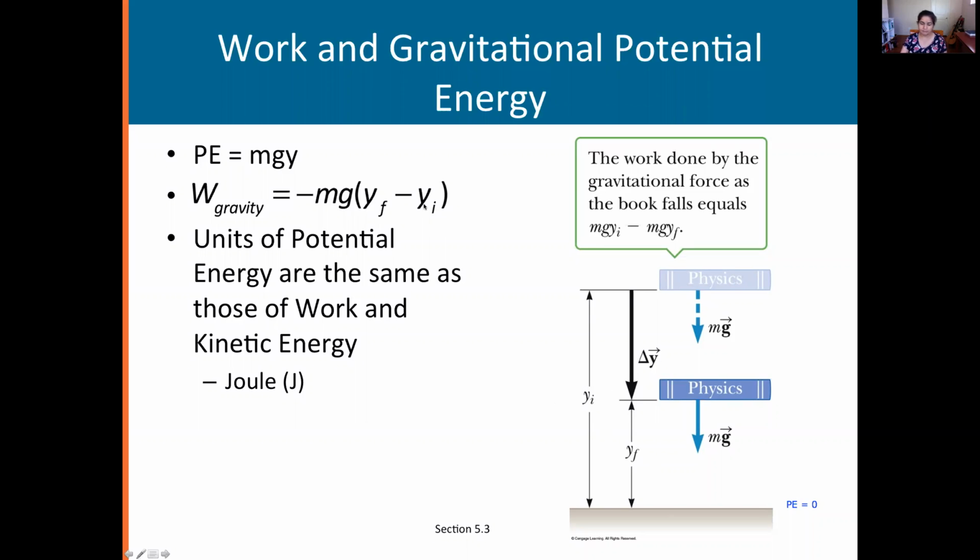Delta y is yf minus yi. So mg times yf minus yi, and it's the negative of this. If the book is falling downwards, then yf is a smaller number than yi. This term will turn out to be negative, and the work done will be positive, since the force and the displacement are both downwards. The work done by gravity will be positive.